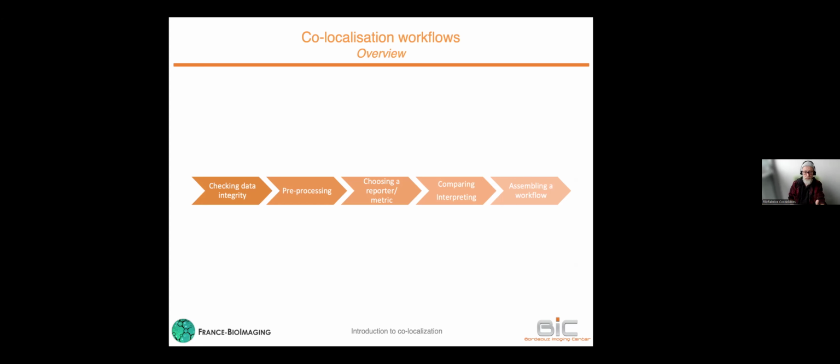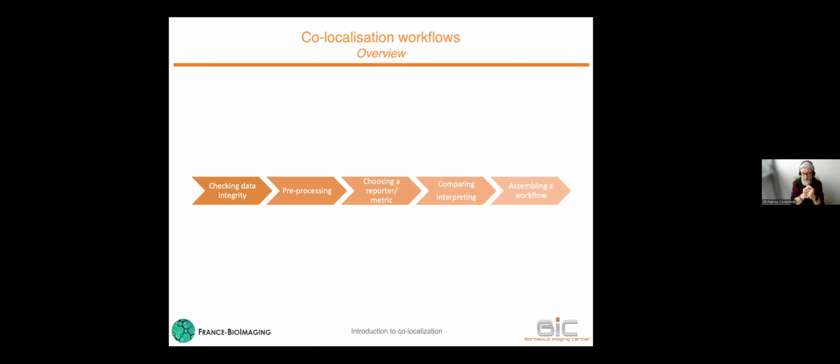When you want to start looking for colocalization, characterizing colocalization, you must go through different steps that are depicted here. You must make sure that you have checked the data integrity. Sometimes you may have to do a bit of pre-processing. Then you've got a crucial step, which is choosing a reporter or metric.